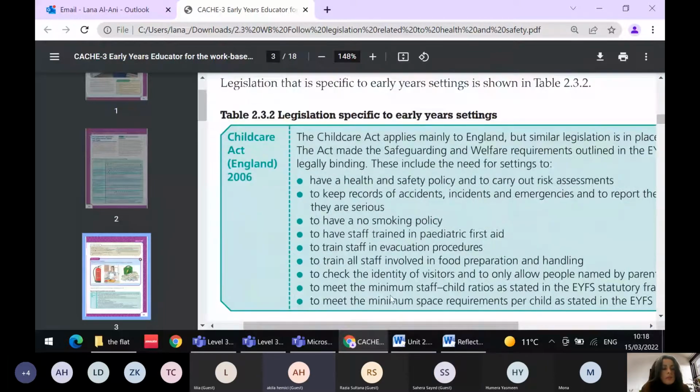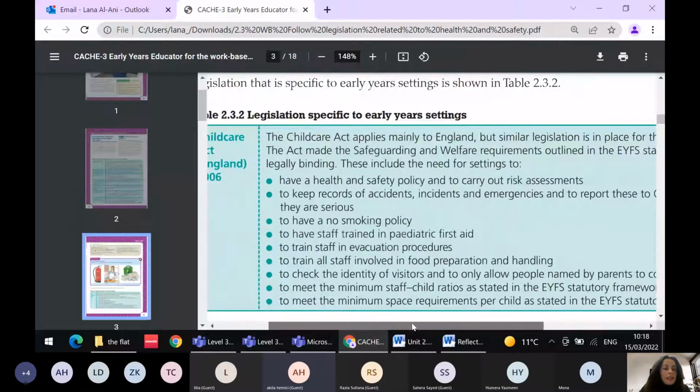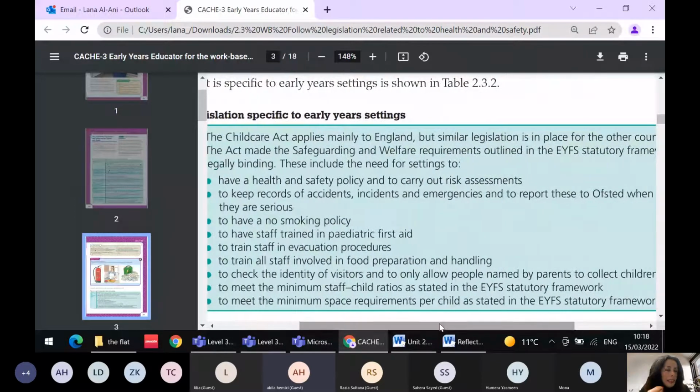And also another regulation, which is the Childcare Act in England 2006. The Childcare Act applies mainly in England, but similar legislation exists in other parts like Wales and Scotland.